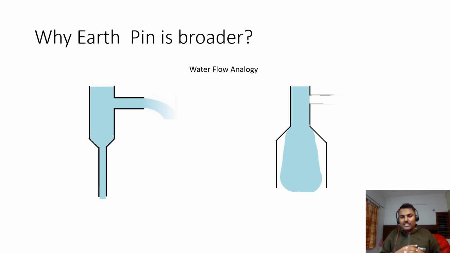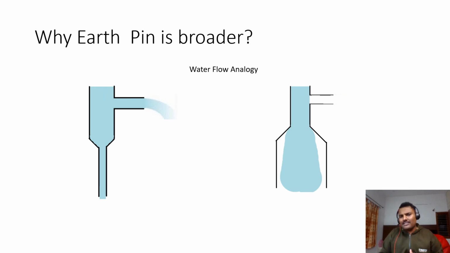not flow out. This is water flow energy. Like that, whenever the earth pin's surface area is broader, electrons will move faster. This is the concept of broader: whatever current leaks to the metal body will go to the earth pin, and because of the wide size and surface area of the earth pin, electrons will flow faster without any restriction.